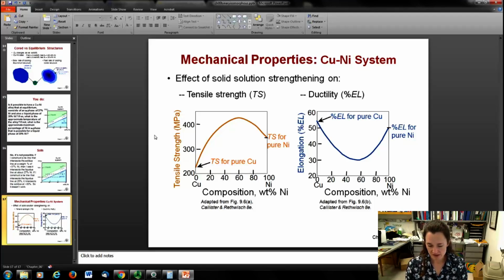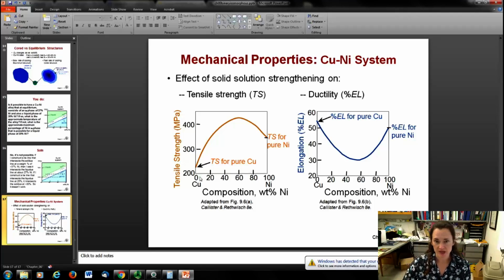So when you put in a dopant material, like let's say that you're adding nickel to copper, those atoms can act as barriers to the motion of slip and dislocations. So this dislocation can't move through once it hits that dopant atom. It acts as a barrier.